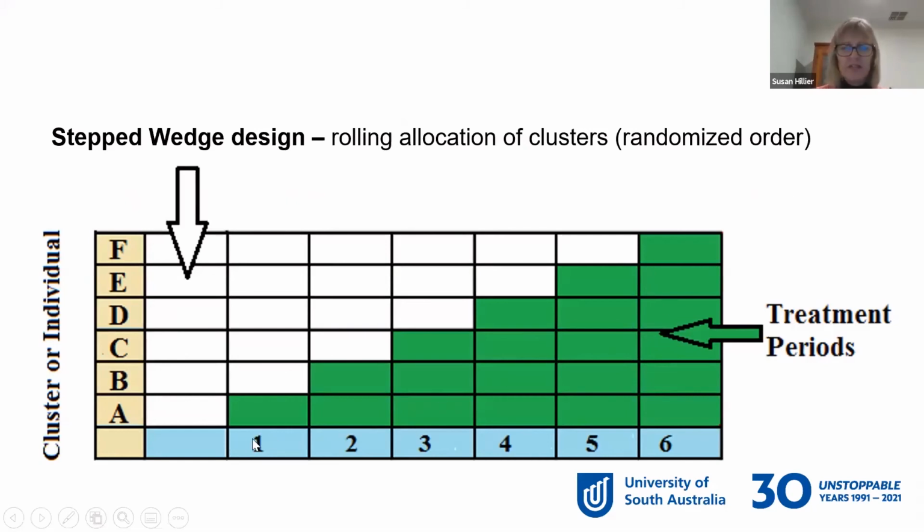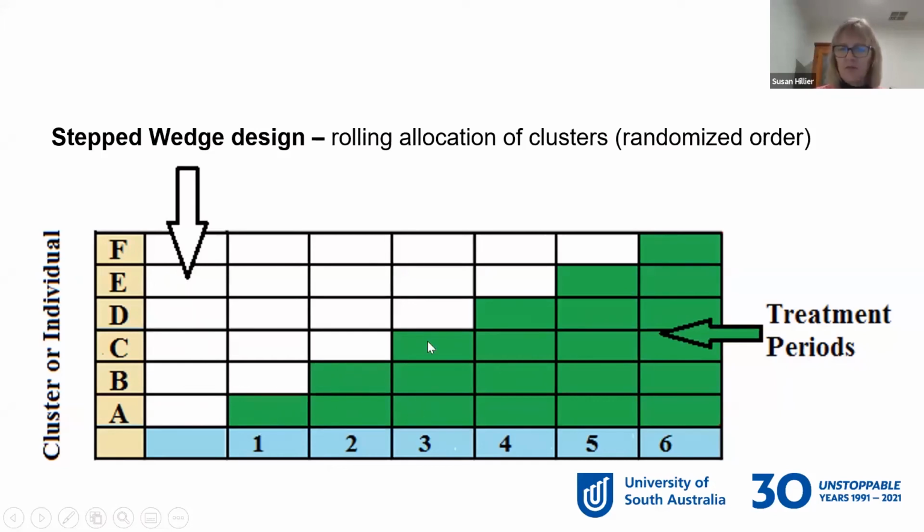For example, in this screen, we have the treatment periods in green, but what you can see is that we've got 6 clusters that are ready to be randomised, but rather than all being randomised simultaneously and entering into the study to either receive or not receive the intervention, they are step wedged, so that in the first time period, one cluster receives the intervention. In the second, A and B are both receiving the intervention.